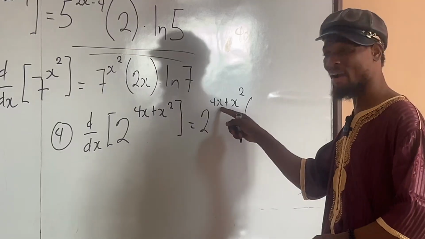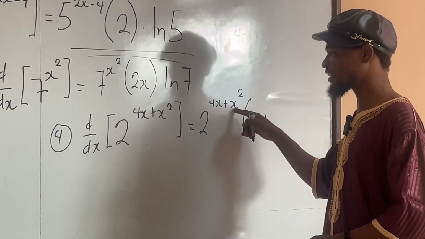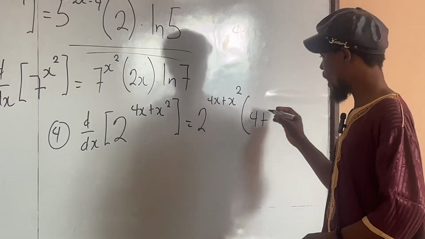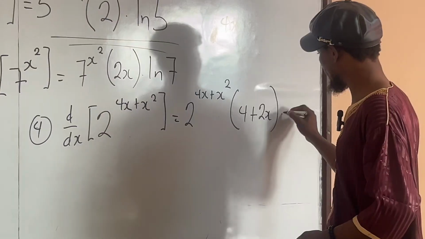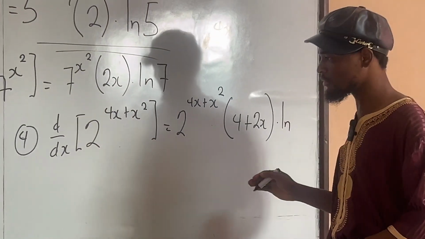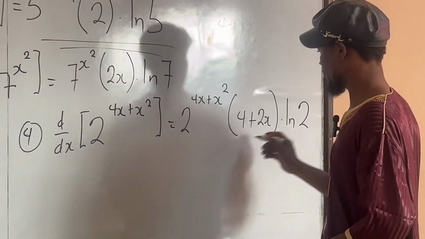If I differentiate 4x, I will have 4, then plus, if I differentiate x squared, I'll have 2x. Then times ln of 2, which is my a.